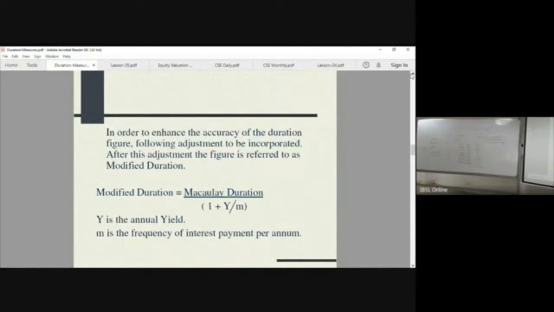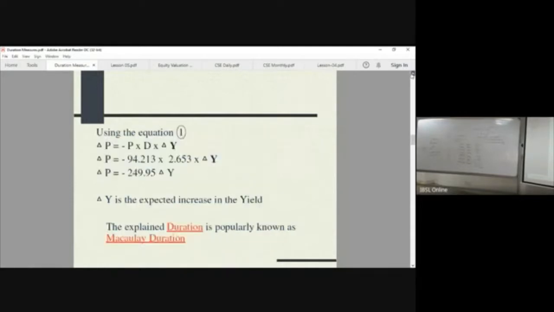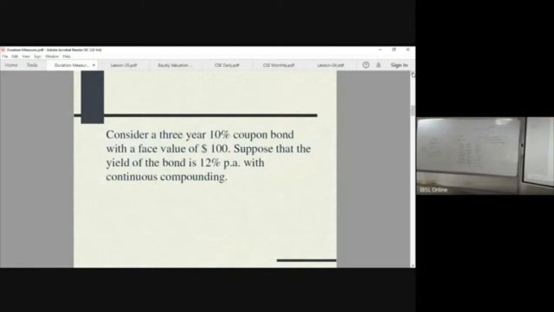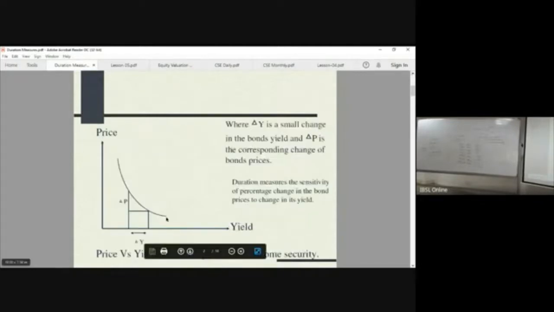Now there's another thing which we need to understand. In this Macaulay duration calculation, here you have a curve and we did the delta P over delta Y calculation. There we had an assumption. You can just look at this curve.